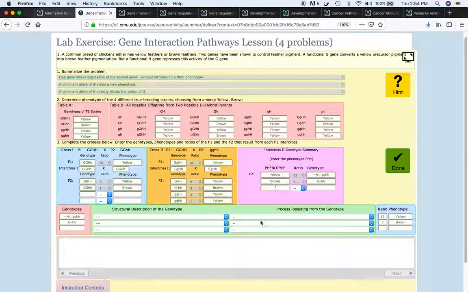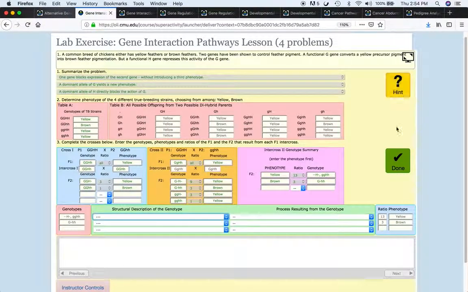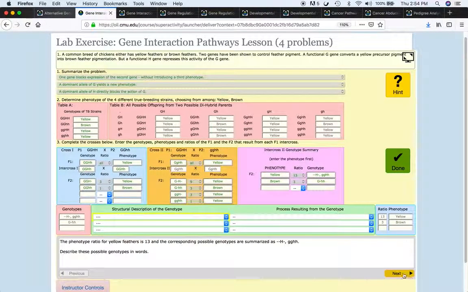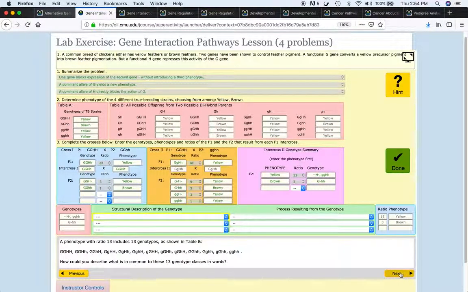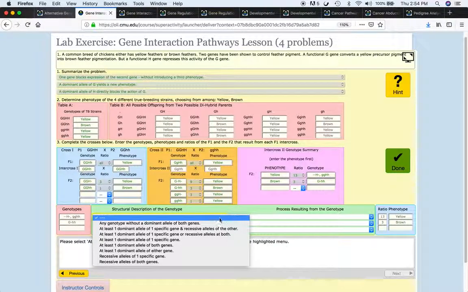Then after you do that, you're asked to summarize again, more concisely, all the different genotypes that can result in a yellow chicken. This explains the reasoning leading up to that.